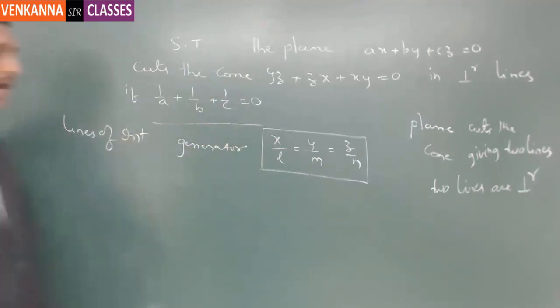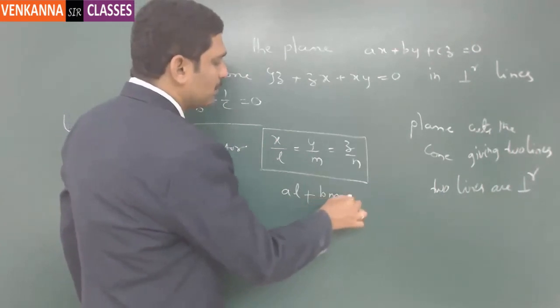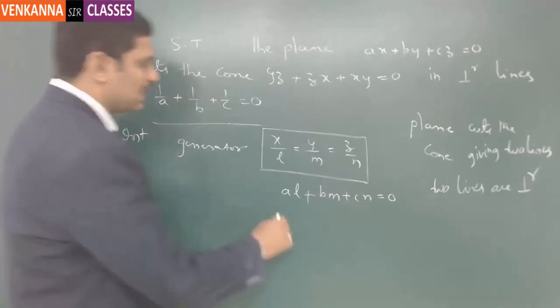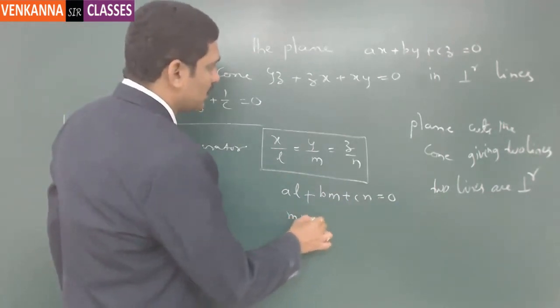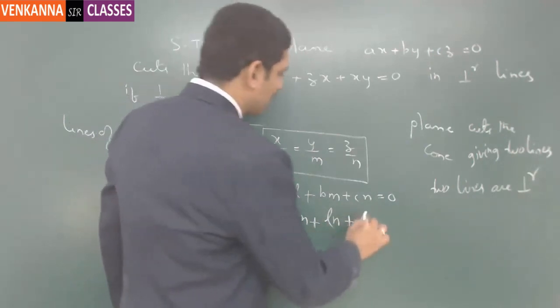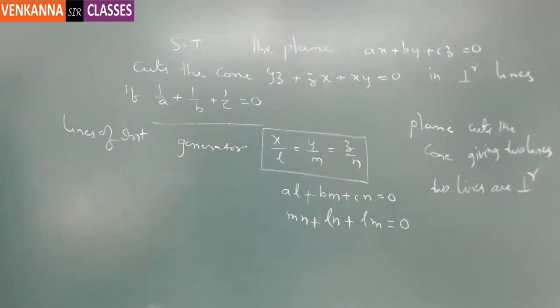equation, you have al + bm + cn = 0. This is one equation, and the other one is mn + ln + lm = 0. I think you get the approach, how these equations came. Clear?